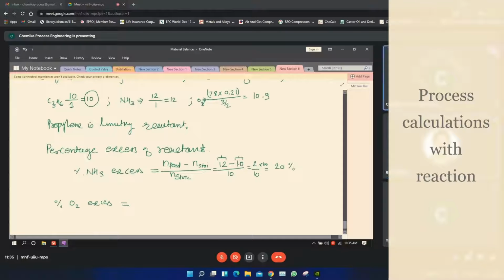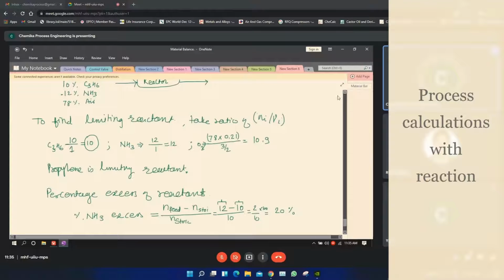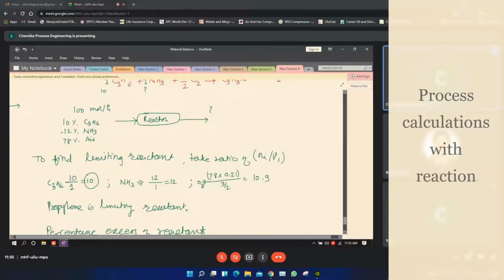And how did we arrive at 10 over here? How much does it stoichiometrically require? This percent excess is calculated with respect to the limiting reactant. Which is the limiting reactant? Propylene is the limiting reactant. How many moles of propylene are in the inlet feed? 10 moles.